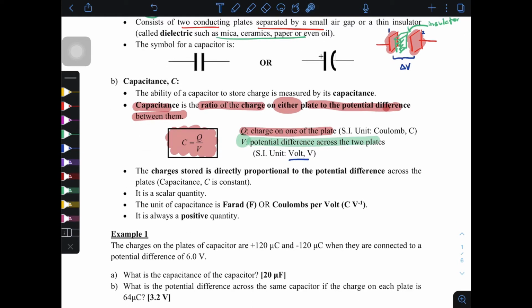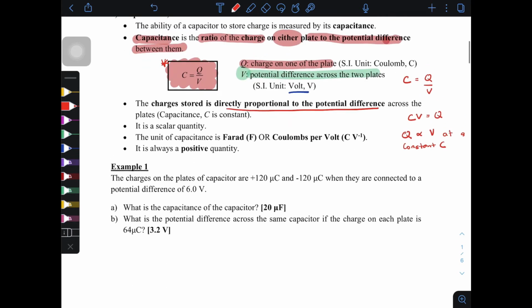Okay, so the charge stored is directly proportional to the potential difference. As we know here, C is equals to Q over V, and CV is equals to Q. Alright, so dia kata the charge stored Q is directly proportional to V. So the charge stored is directly proportional to the potential difference at a constant C from this equation.